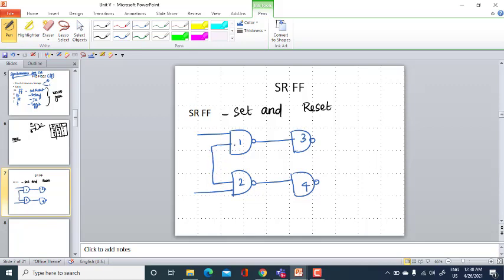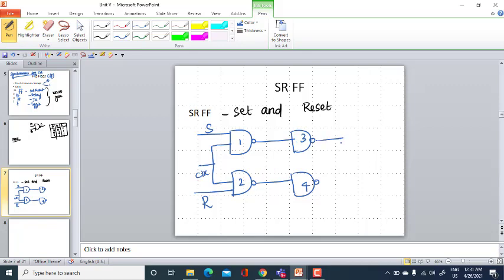one among the two inputs of gates 1 and 2 will be connected to the common clock. And the next input, one is your set input and another one is your reset input. Okay, you have two inputs.